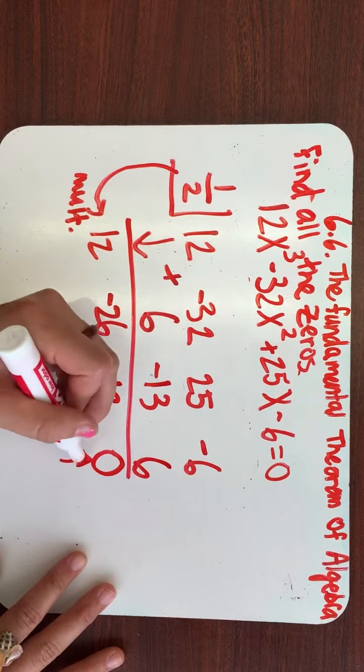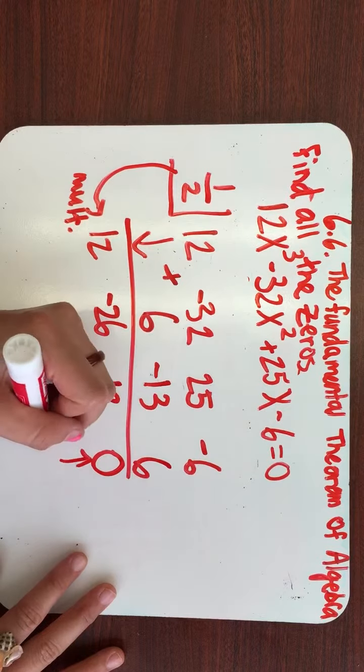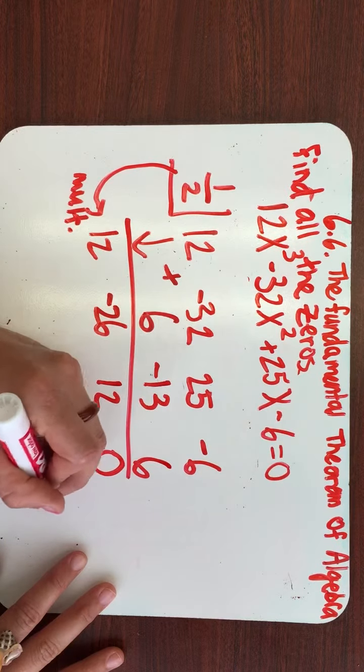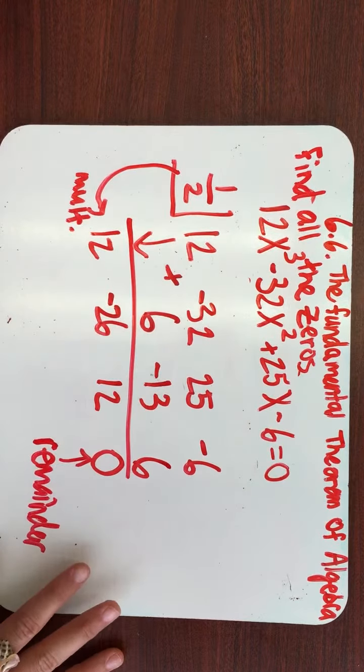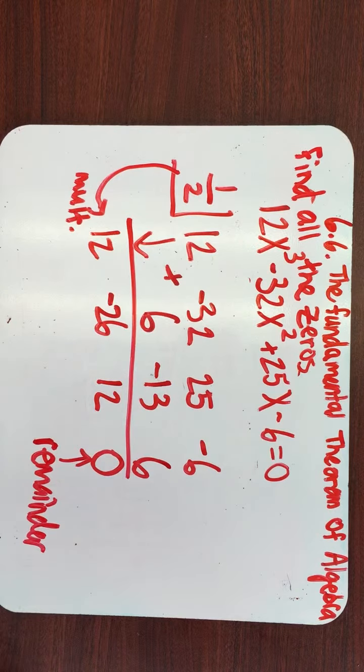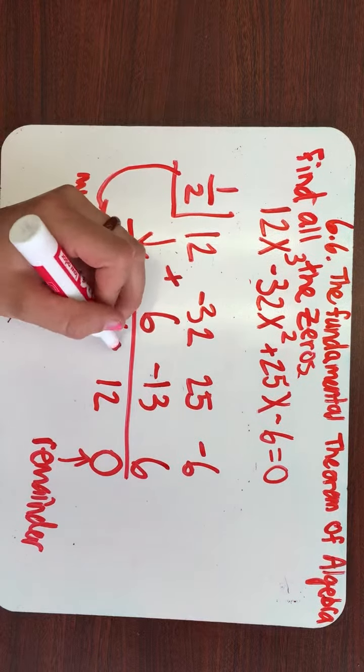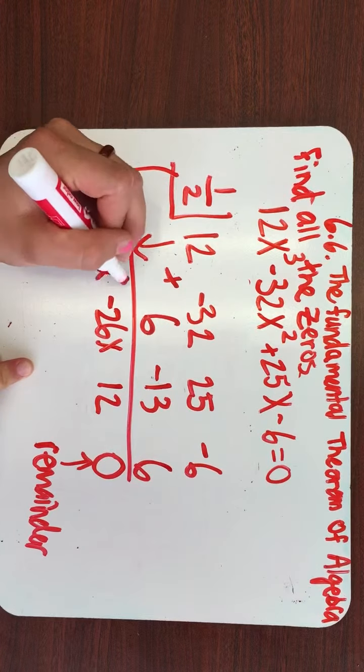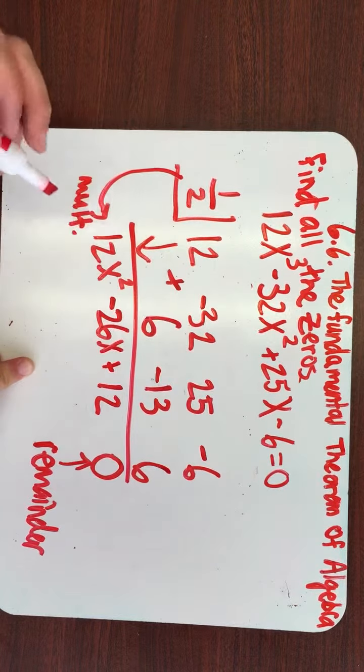So we remember that this is going to give me the remainder, and then we can move on to the next one. This will be my constant term. The -26 will be the linear term, and this will be my quadratic term.